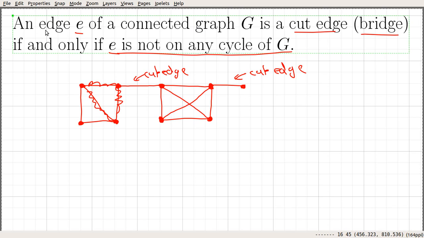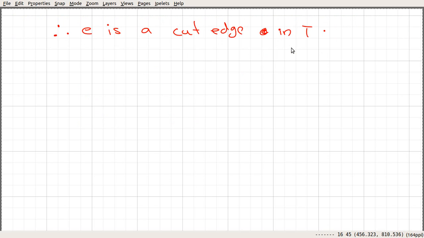An edge E of a connected graph, and we already know that this tree is connected, is a cut edge if and only if E is not on any cycle of G. Okay, so we are going to invoke that theorem.